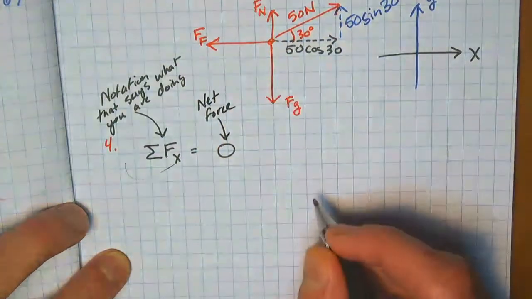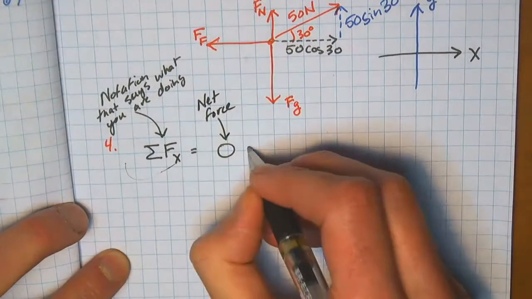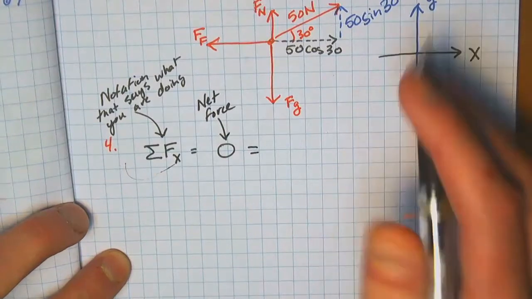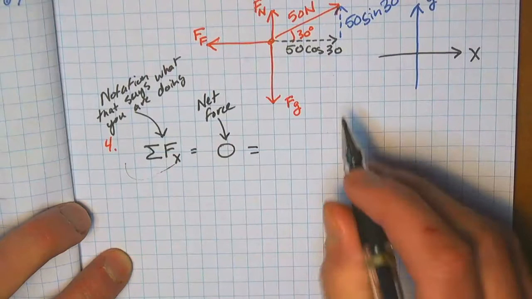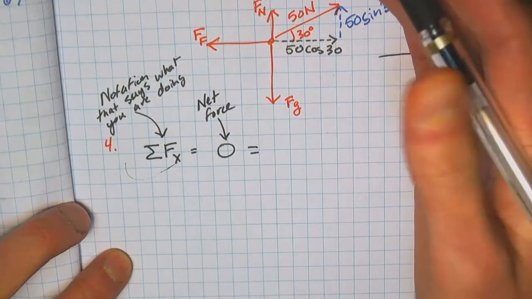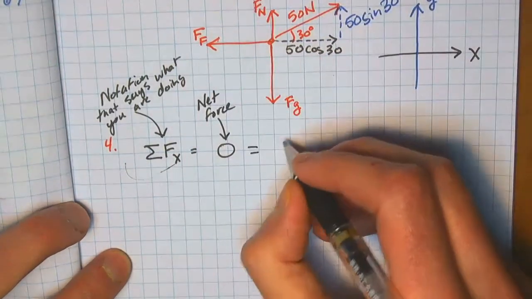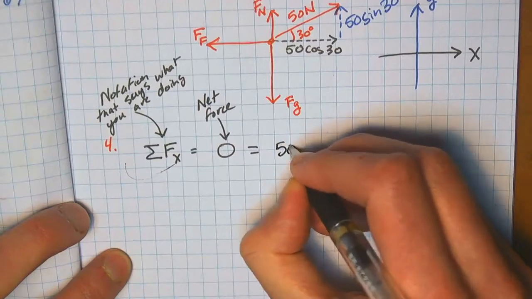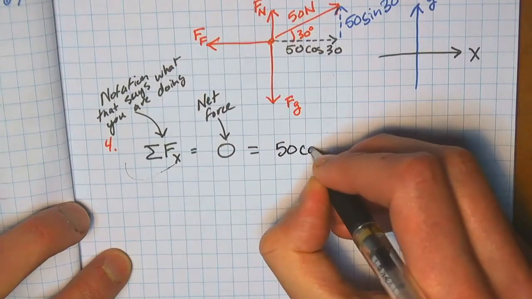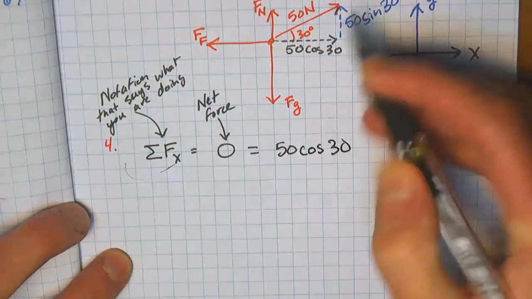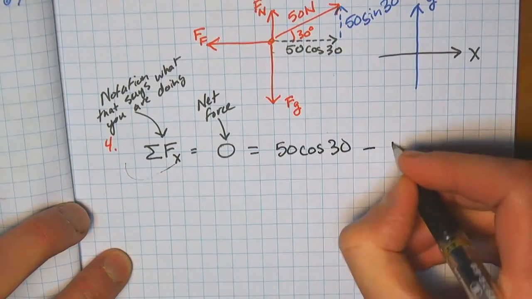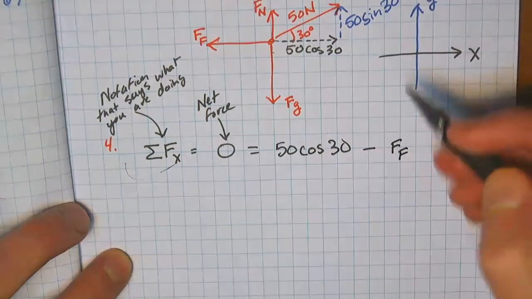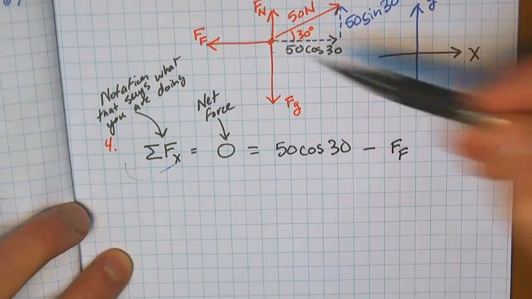That's what goes here. Okay, so then equals, so over here, you're going to sum the forces in the x direction. So that's going to be forces that are to the right minus forces that are to the left. So that's going to be 50 cosine 30, because that's our force to the right, minus the force of friction, because that's our force to the left.